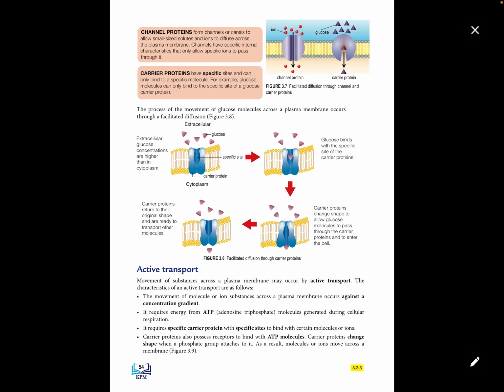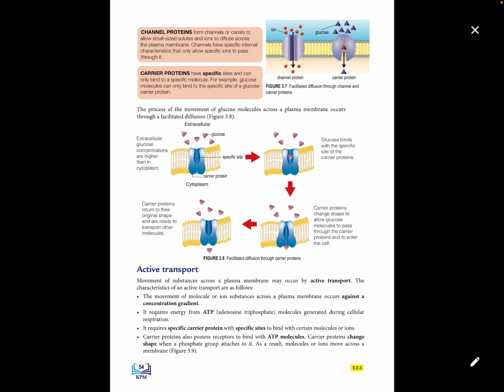If the concentration outside is higher than inside, the bottom part closes and it lets the glucose in. After it goes in, the upper part closes and the lower part opens, so the glucose can transfer into the cell, and this repeats itself.